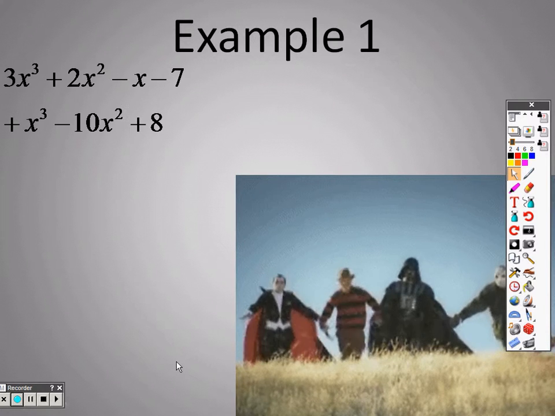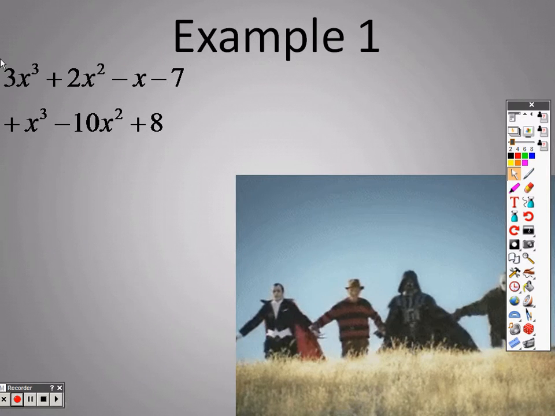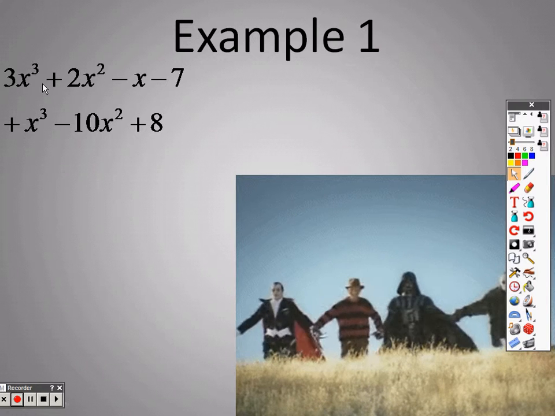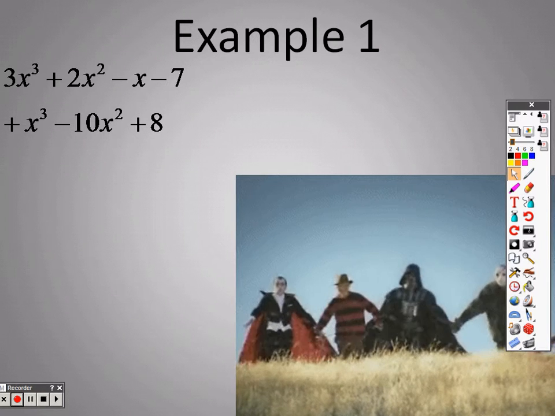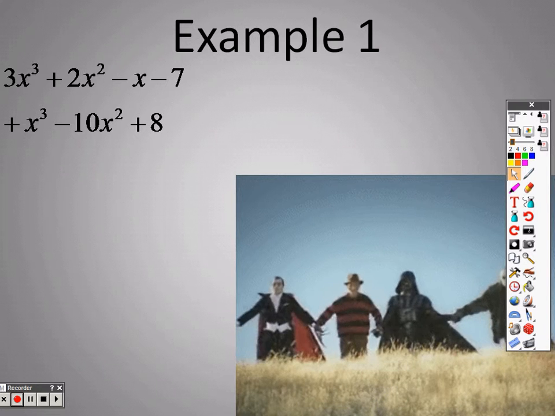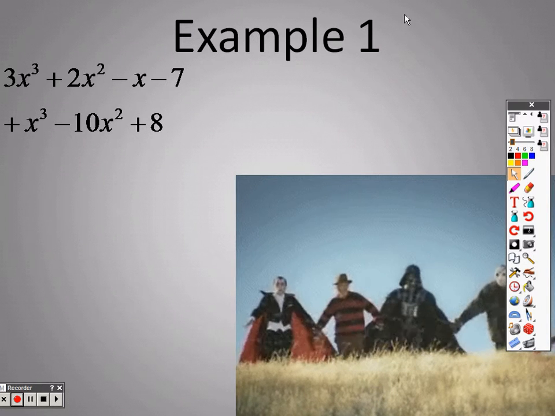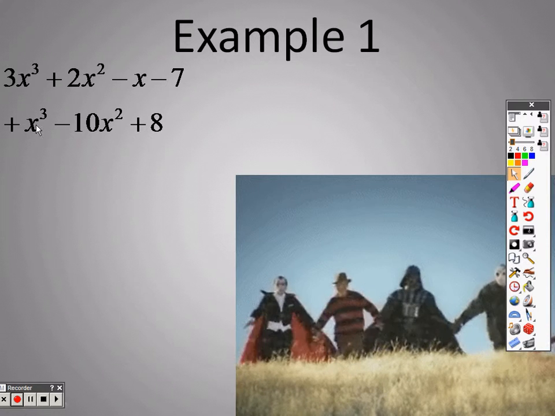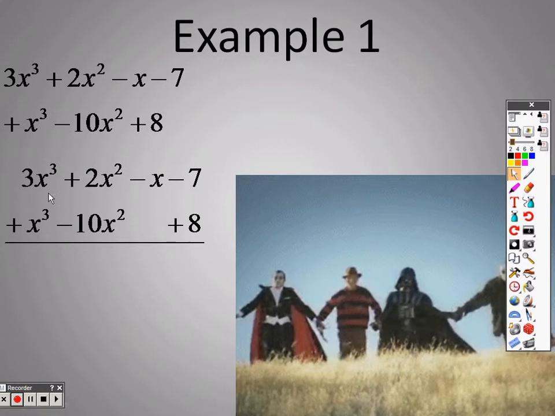So example 1. What I'm saying is you can add these, and you can add them by setting them up in a column if you wanted to. Just line them all up. And when you line them up in the column, all I need to do is add everything that's alike. So I have 3 x's cubed and 1 x cubed, so I just add them straight down.